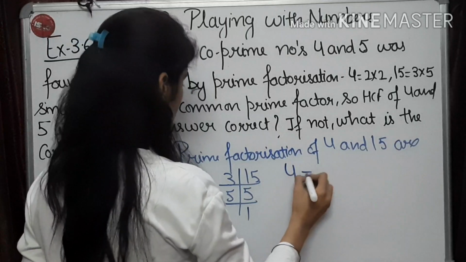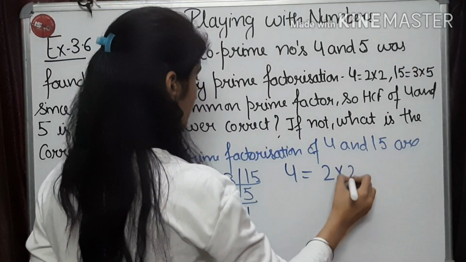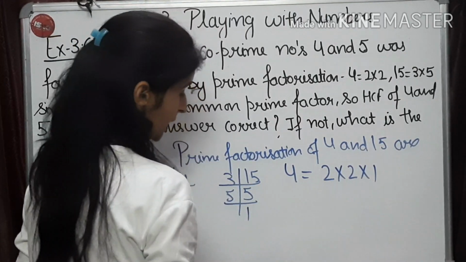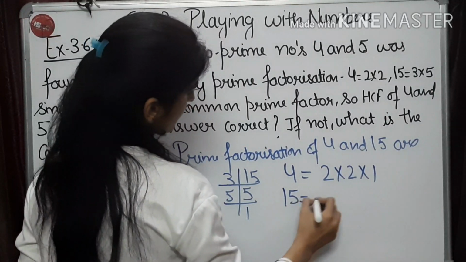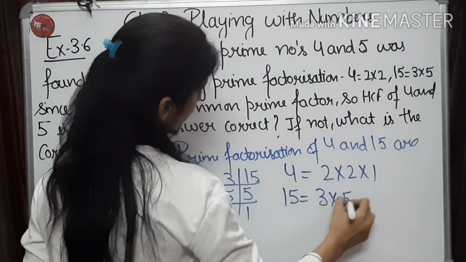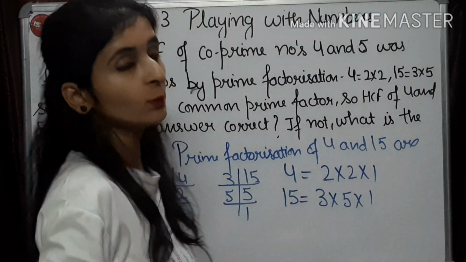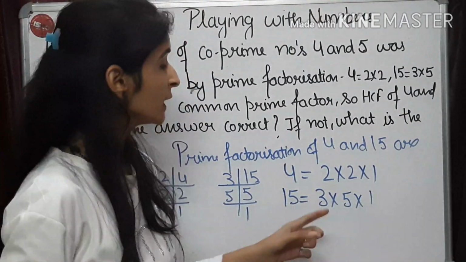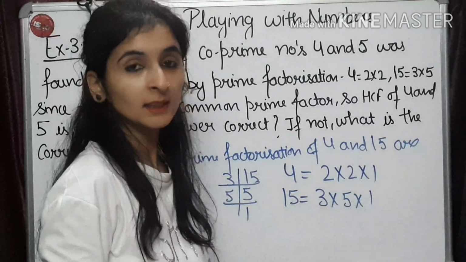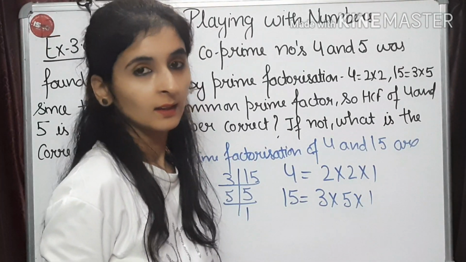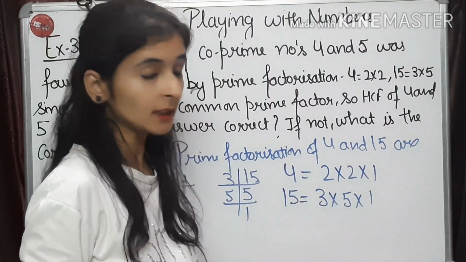So 4 is equal to 2 multiplied by 2 multiplied by 1. 15 is equal to 3 multiplied by 5 multiplied by 1. So children, whenever we do prime factorization, we do not include 1, but 1 is always there, na? Yes, 1 is always there.